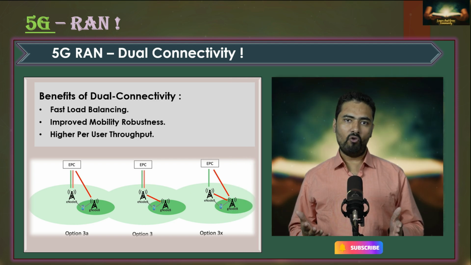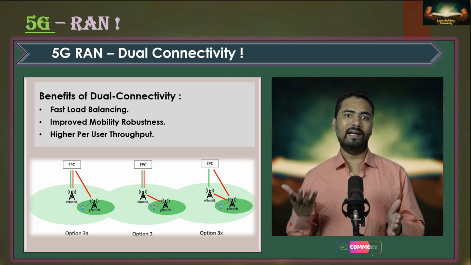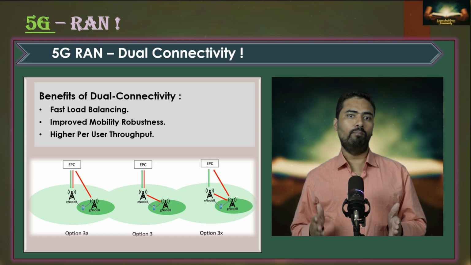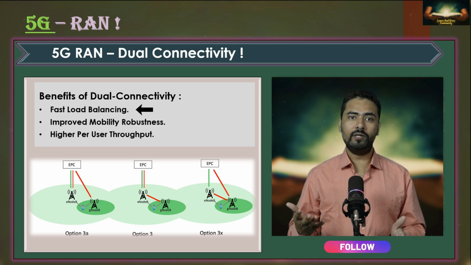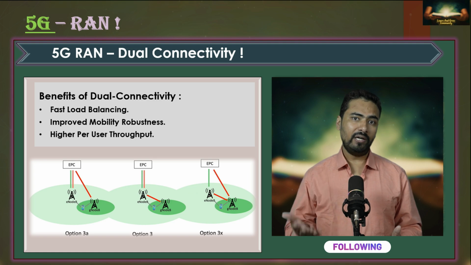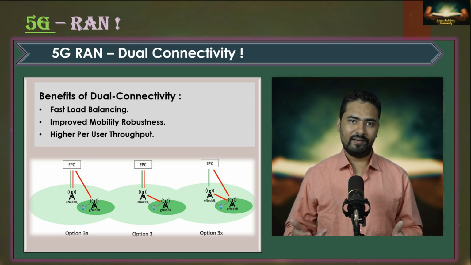Dual connectivity offers multiple benefits to improve network performance and user experience. With dual connectivity, the UE connects to both nodes at the same time. So it has fast and efficient load balancing across the network. NR coverage from the millimeter wave bands may be inconsistent due to its bad propagation characteristics.